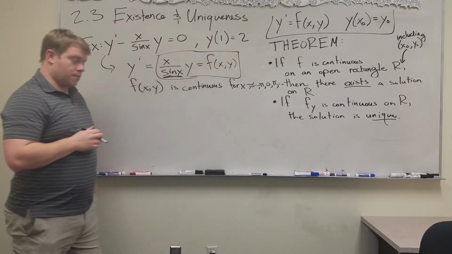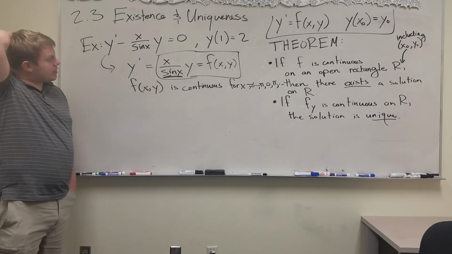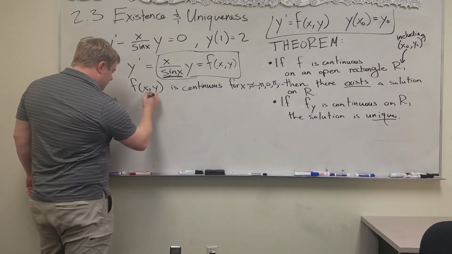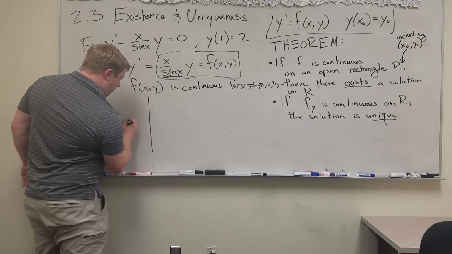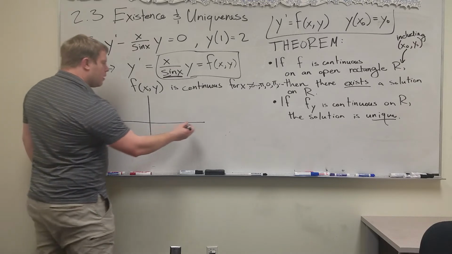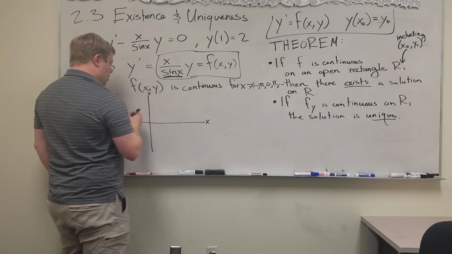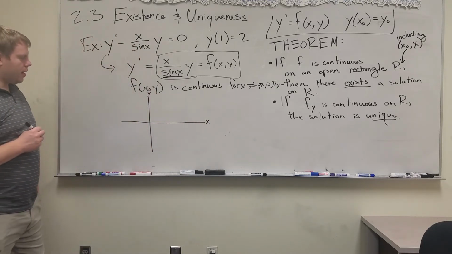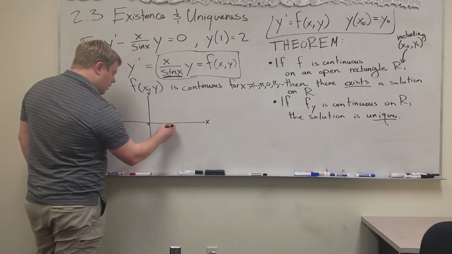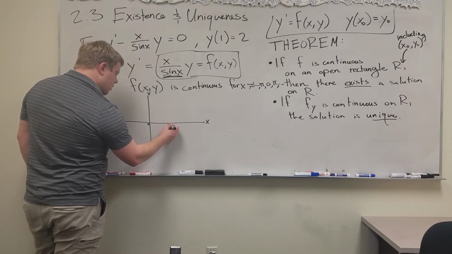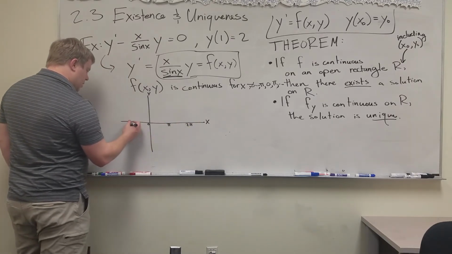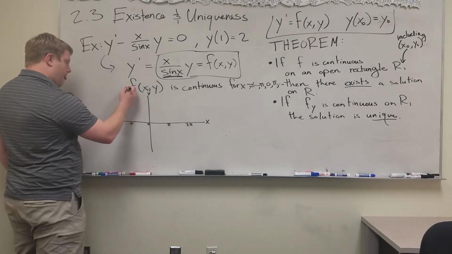Any integer multiple of pi makes this function discontinuous. And so that means when I look at the phase plane, x in the horizontal direction, y in the vertical direction, the places that I'm worried about are 0, pi, 2 pi, negative pi.